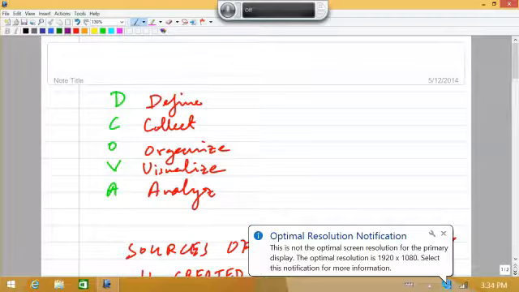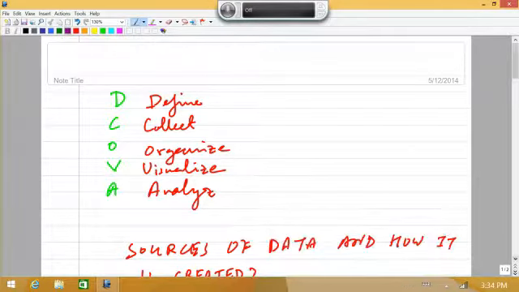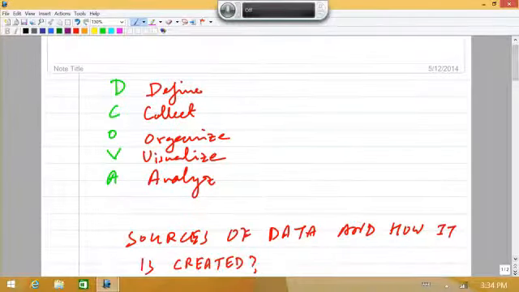Everybody is interested in data because the modern society is a data-driven society. The more data you have, the more information you have. The more information you have, the better business decisions or life decisions you can make based on the data you have in your hand. So let's look at the different sources of data and how it is created.